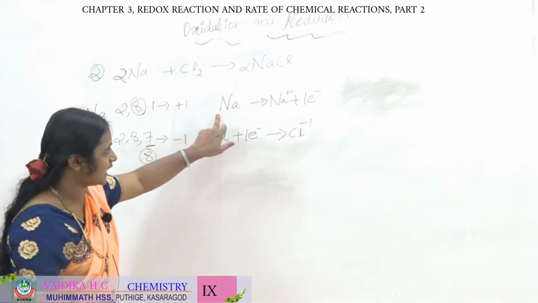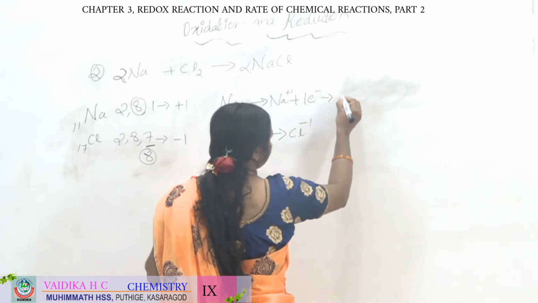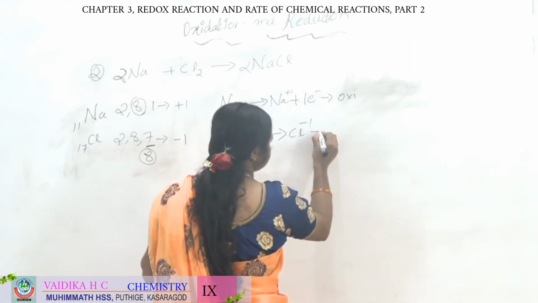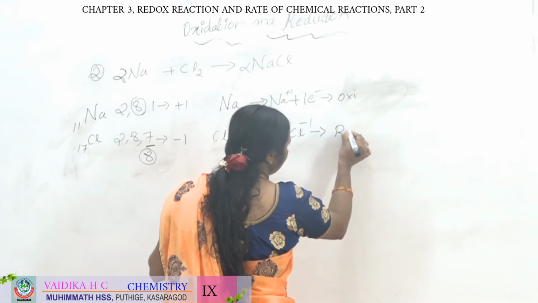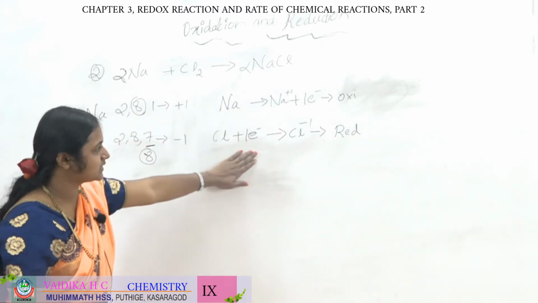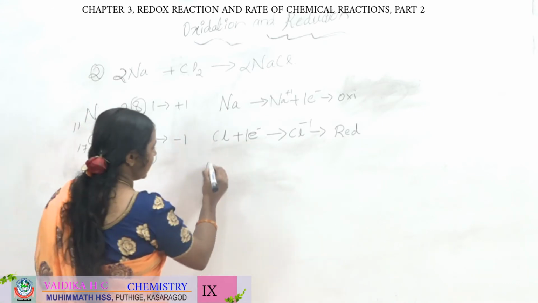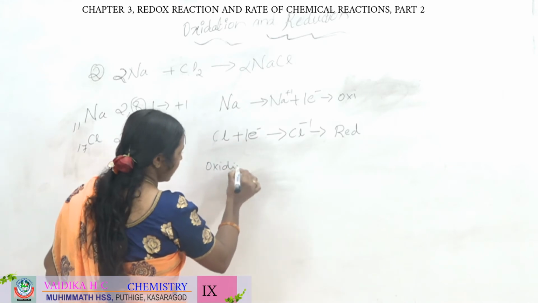So in this reaction, this is oxidation, because loss of electron is called oxidation and gain of electron is called reduction. So this reaction is oxidation, this reaction is reduction. And which is the oxidizing agent in this reaction?